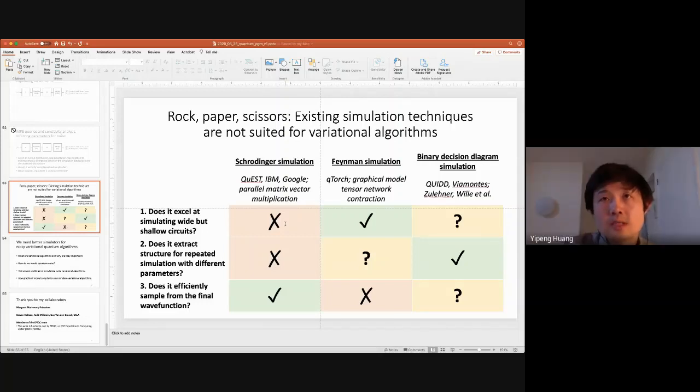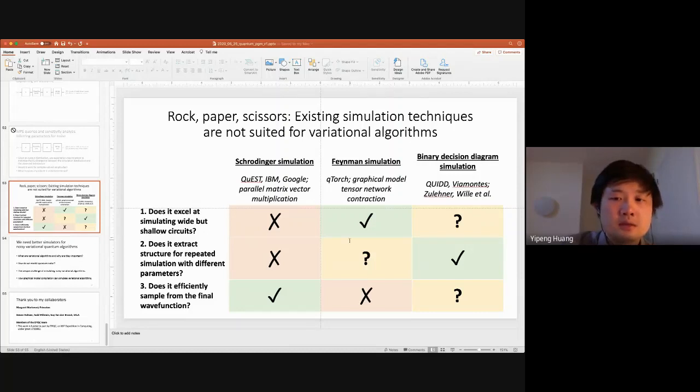In terms of memory and time trade-off, I would say that our Bayesian network approach is most similar to the Feynman simulation techniques, so tensor network contraction techniques, in terms of its time and space trade-off.